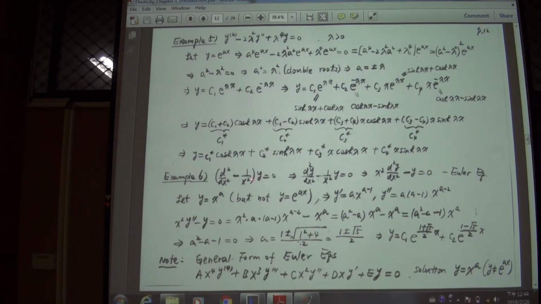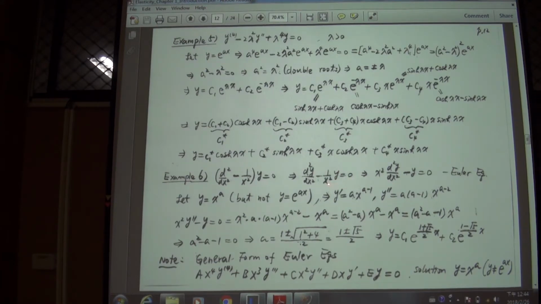This operator can operate on y. This term operating on y gives this one, and this term operating on y gives this one. So this equation is equivalent to this equation.